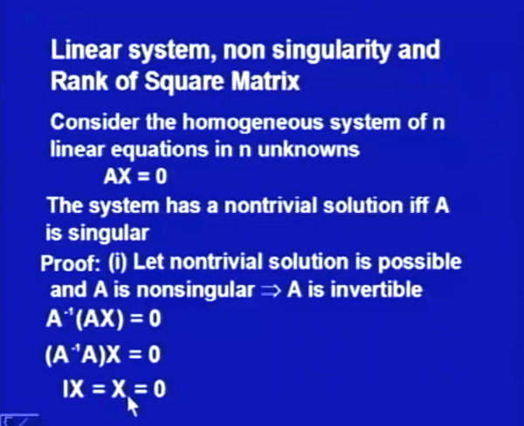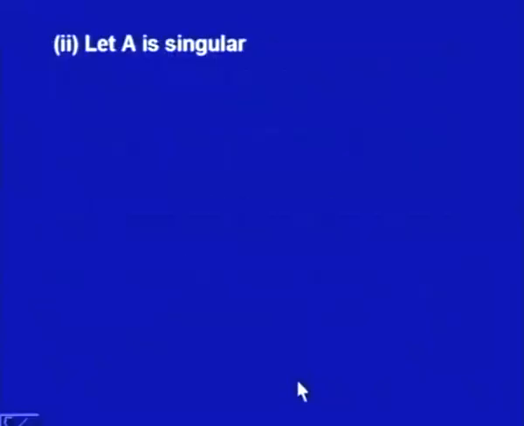So, Ix is equal to x, so x is equal to 0. We started with a non-trivial solution and assumed that A is non-singular, but we finally arrive at a contradiction that x is equal to 0, and that means our assumption that A is non-singular is not correct, and that means A is singular.